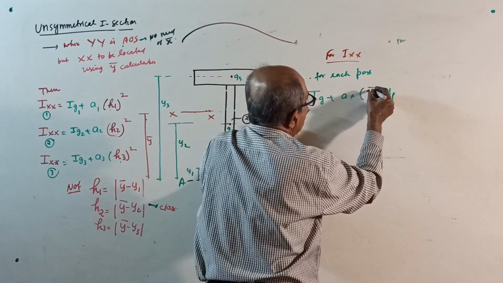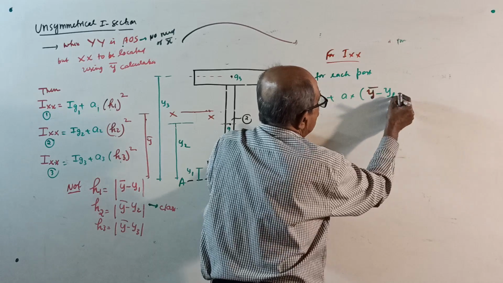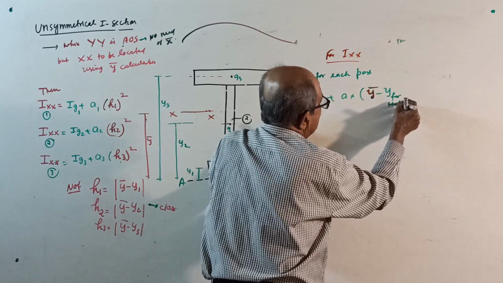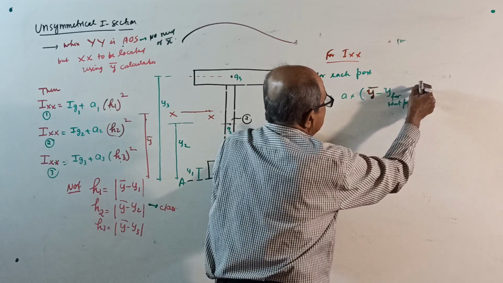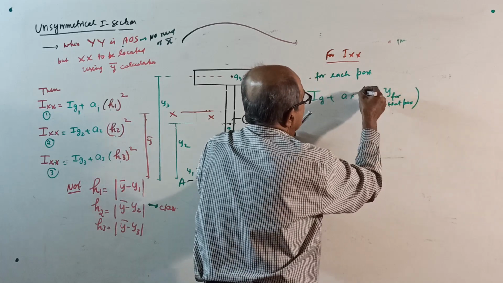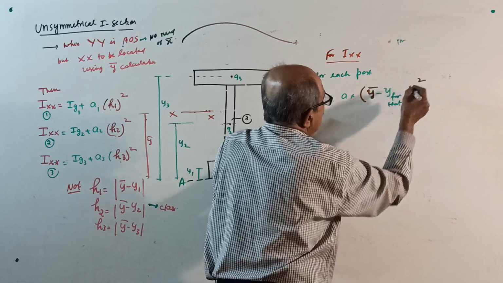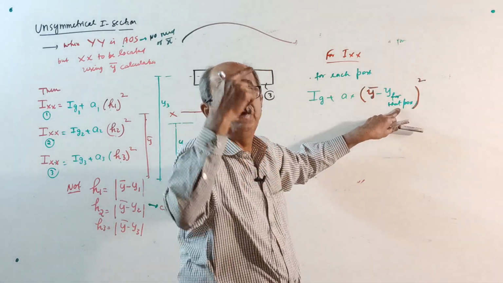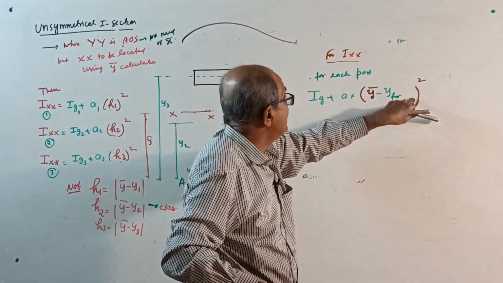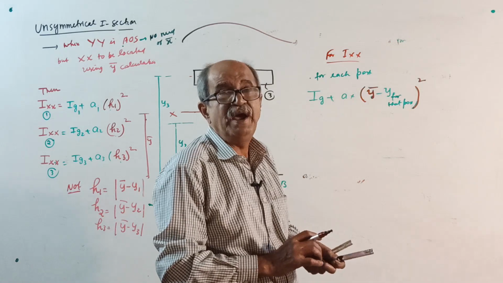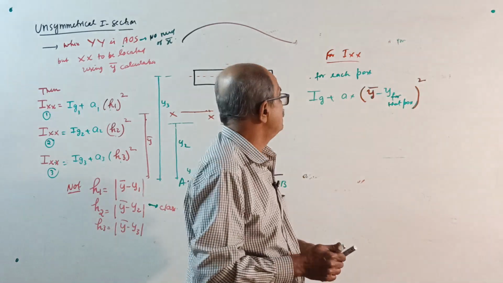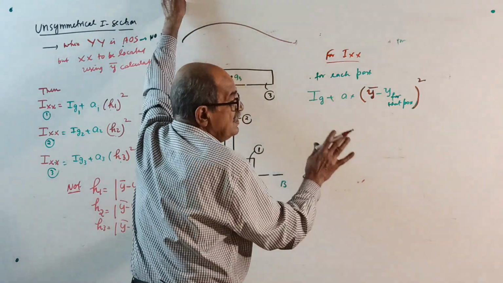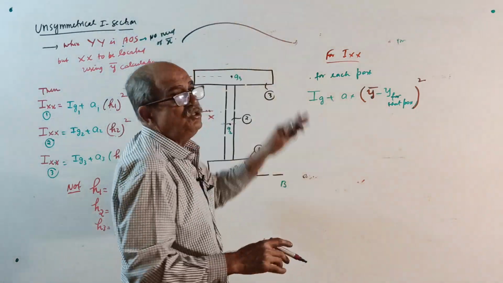Y bar is in red color. Sometimes it will become y bar minus y for that part, or if it's the other side, it is y for that part minus y bar, but you are squaring it, therefore no problem. Now I will explain; it will be clearer when I go to the numerical.